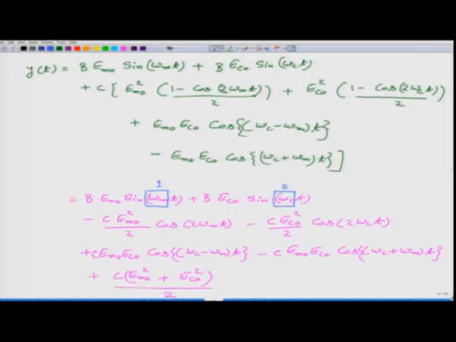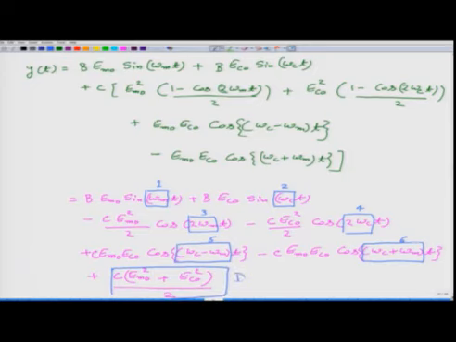Frequency number 3 is 2 omega m, that is our third frequency. Frequency number 4 is 2 omega c, that is our frequency number 4. Frequency number 5 is omega c minus omega m, and frequency number 6 is omega c plus omega m. And this is the DC part.